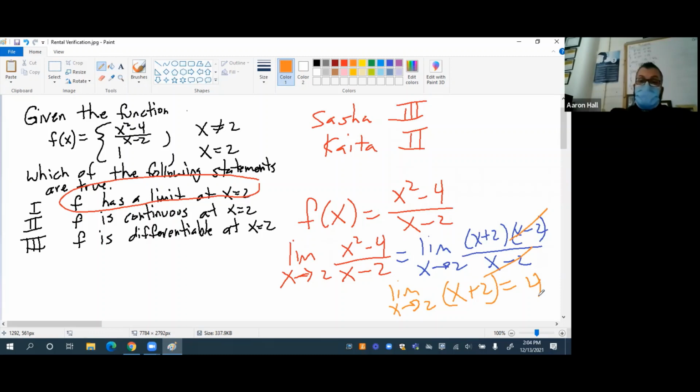When x gets closer and closer to 2 from either end, our y value gets closer and closer to 4. That happens only because we cancel them out. What if we couldn't cancel out this binomial? Wouldn't it mean that when x is 2, we have some type of infinite discontinuity?